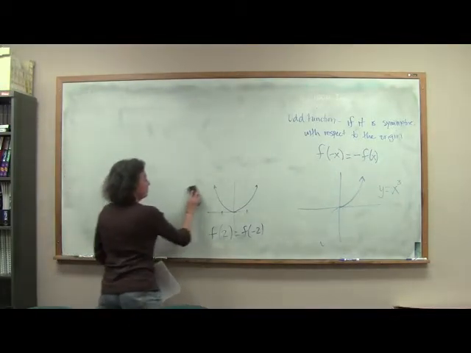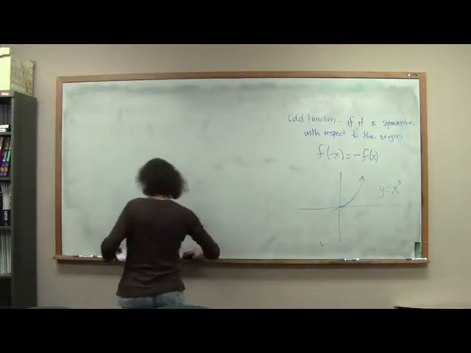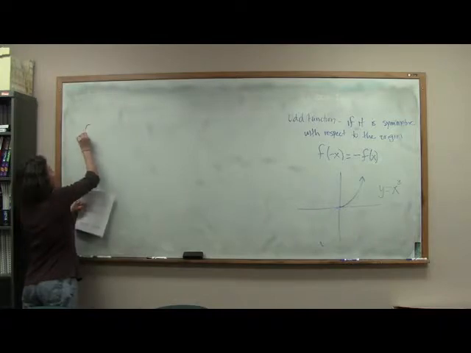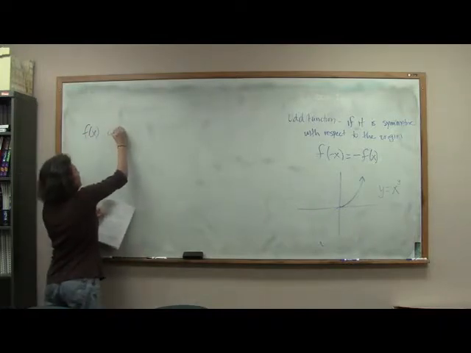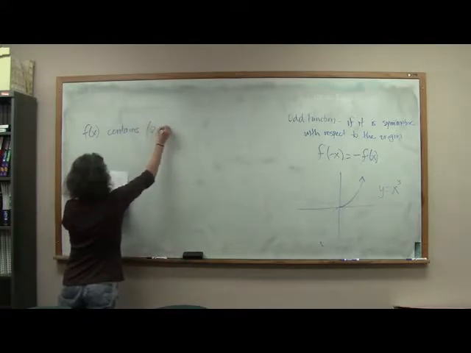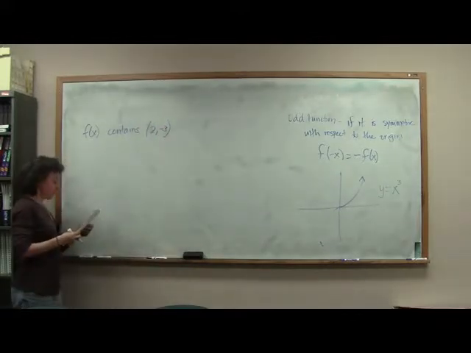So, my first example is as follows. Suppose I have a function, f of x, and it contains the ordered pair 2, -3.